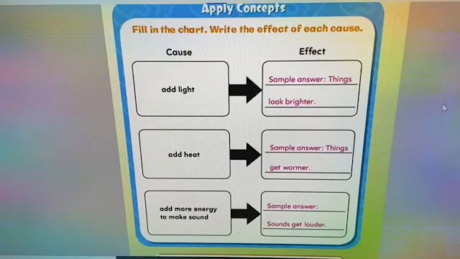Whenever you are taking away heat, it is getting cooler. Okay, adding more energy to make sound get louder. Of course, you need more energy to make your sound louder. Now, for example, if you are screaming, and sometimes when you talk, you use less energy. But when you scream, you use more energy.